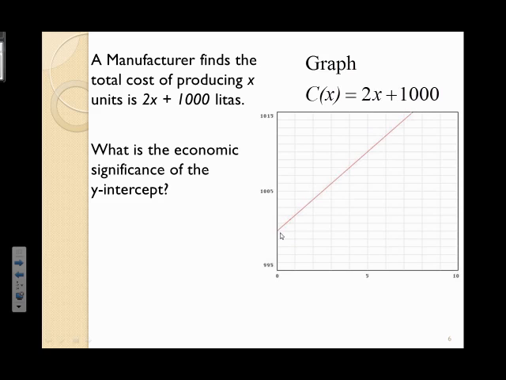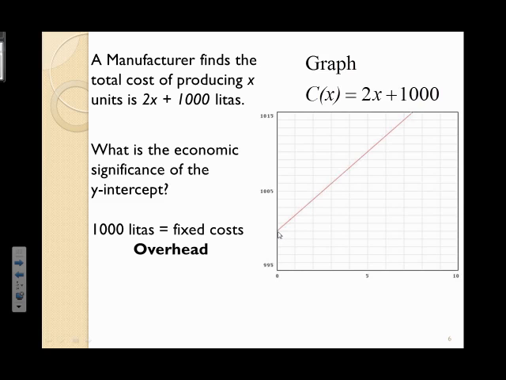So again, we know that this is going to cross right here. Well, what is the 1,000? In this case, it's 1,000 liters. What does it mean? Well, the 1,000 liters are the fixed cost.